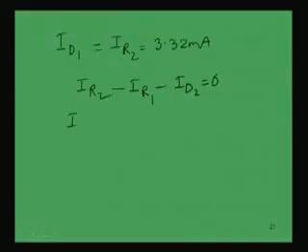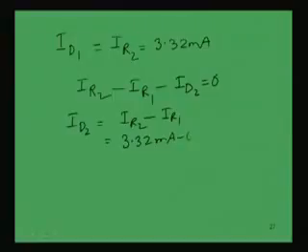So, what is ID2? That is the question. We have to find out ID2, that is nothing but IR2 minus IR1. IR2 and IR1 we already know, 3.32 milliampere minus IR1, which is 0.212 milliampere. This subtraction will lead to 3.108 milliampere. So, all the currents are now known. In this example we have used the constant voltage model.